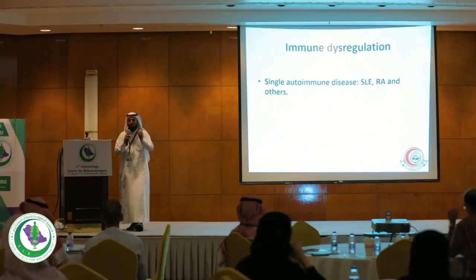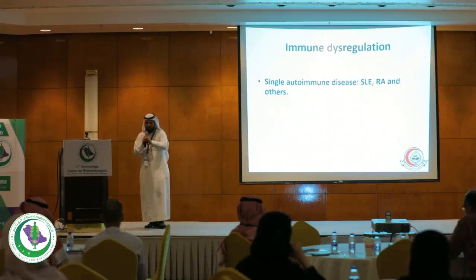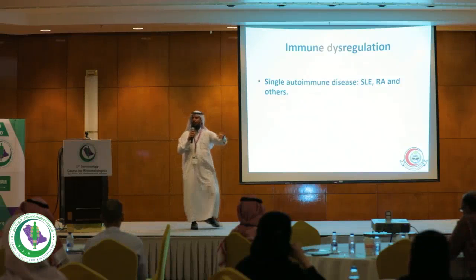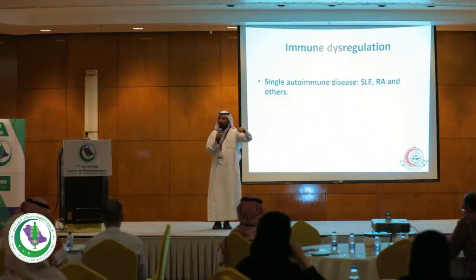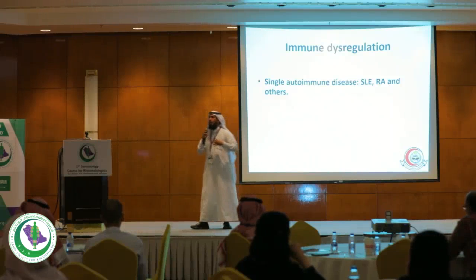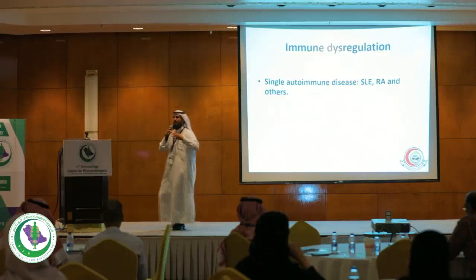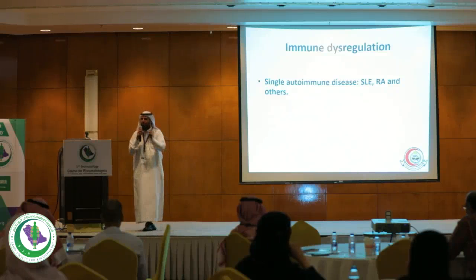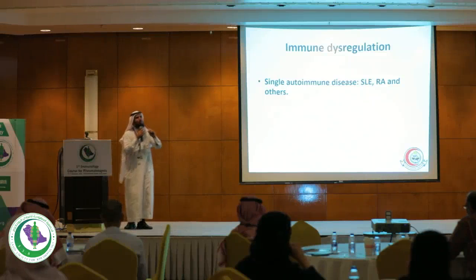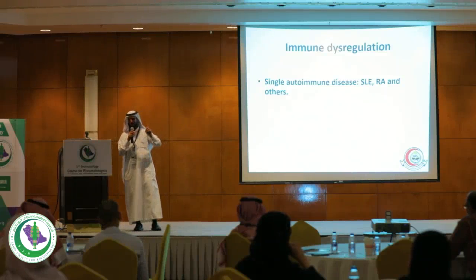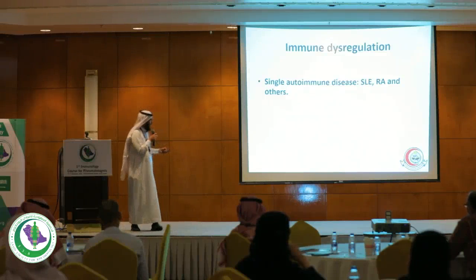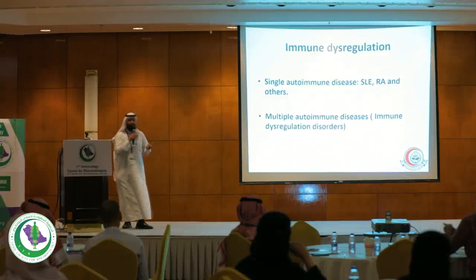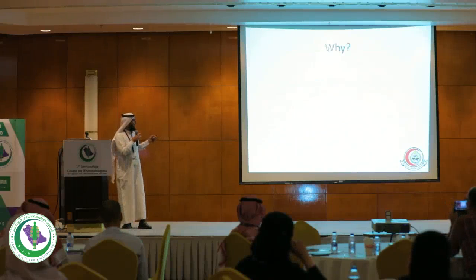So really it's not only a single disease. We have multiple diseases due to immune issues, due to immune dysregulation. So for those patients, please label them as immune dysregulation rather than just choosing the most appropriate single diagnosis. If you have multiple autoimmune diseases, it is called immune dysregulation.